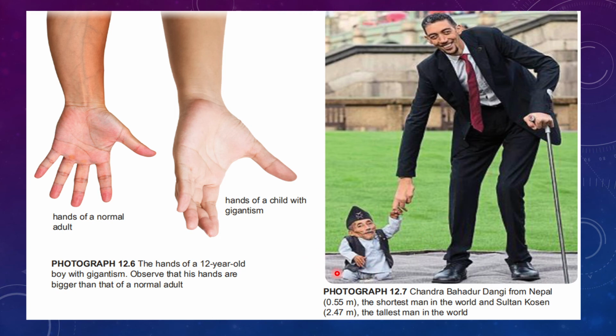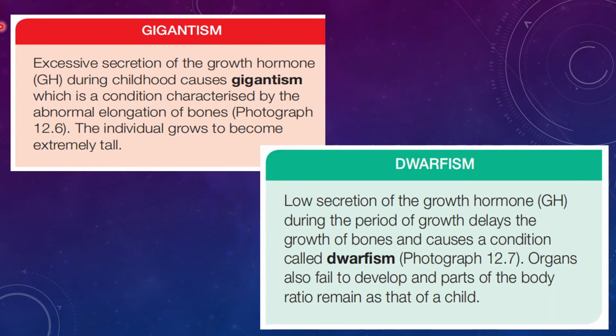Okay, so this picture is showing the tallest man and the shortest man in the world. And this photograph is showing the hands of a 12-year-old boy with gigantism. So this is an adult's hand, but this is the hand of a child with gigantism. Okay, what is gigantism?